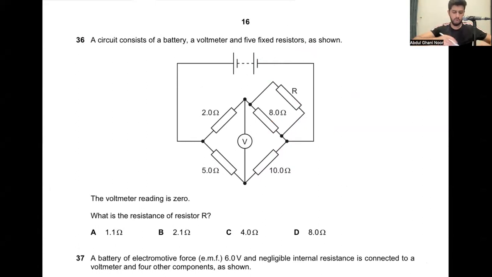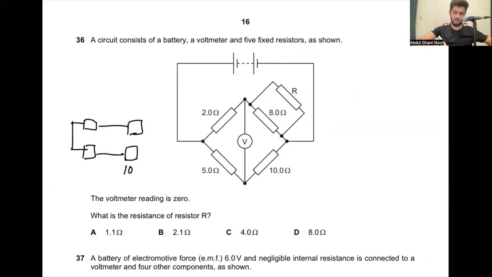Acha, what I'll do is, for this one, I'll redraw the circuit. So this is my 2 ohms. This is my 5 ohms. Then this is my 8 ohms, 10 ohms.